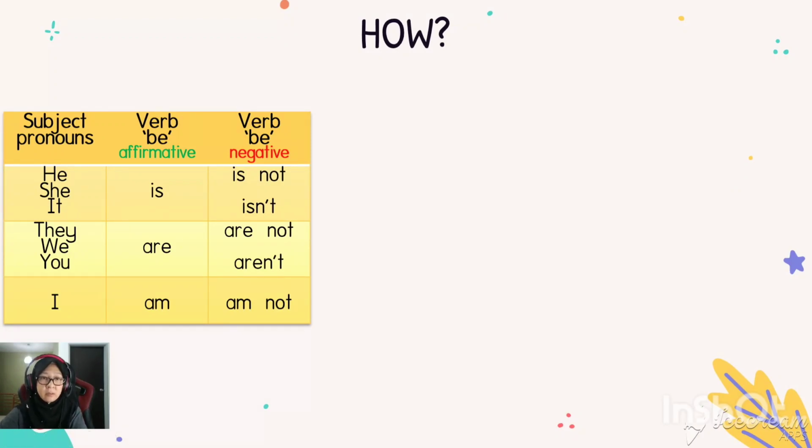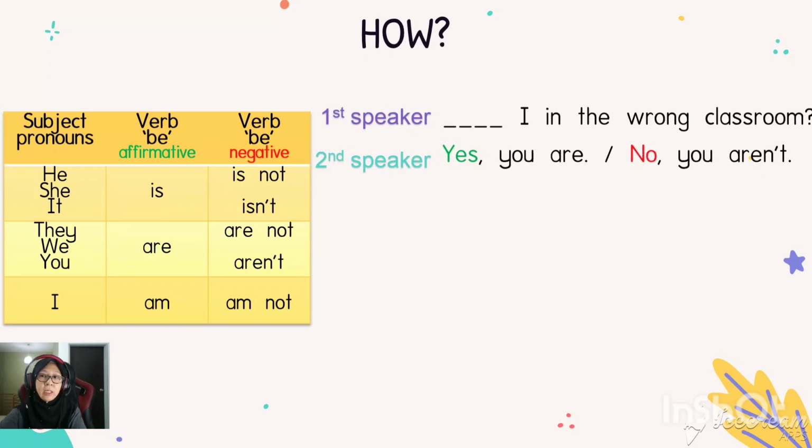There are 3 columns: subject pronouns, verb be affirmative, and verb be negative. So, how do we ask and answer the question? When asking and answering questions, it involves at least 2 persons. So here, I have put the first and the second speaker.